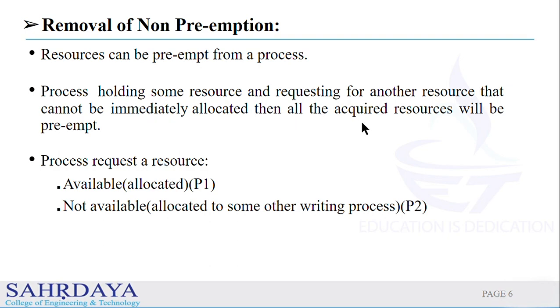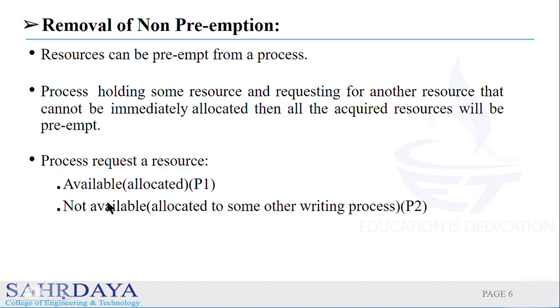Then all the resources held by that process will be preempted. If we cannot give the requested resources to that process within a particular amount of time, then all the acquired resources of that process will be preempted. The second technique: a process requests a resource. If that resource is available, then it will be allocated.